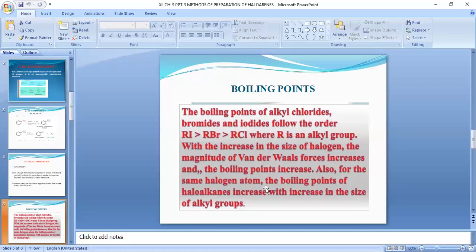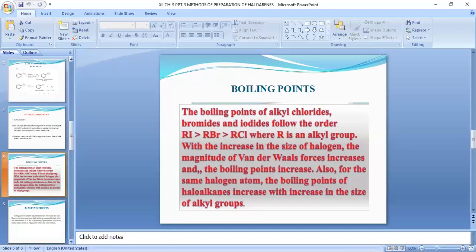Also, for the same halogen atom, the boiling point of haloalkane increases with the increase in the size of the alkyl group. If the R is increasing from ethyl to propyl, from propyl to butyl, then due to the increase in the size of the alkyl group, the mass of the haloalkane will also increase. Therefore, the boiling point will also be expected to increase.